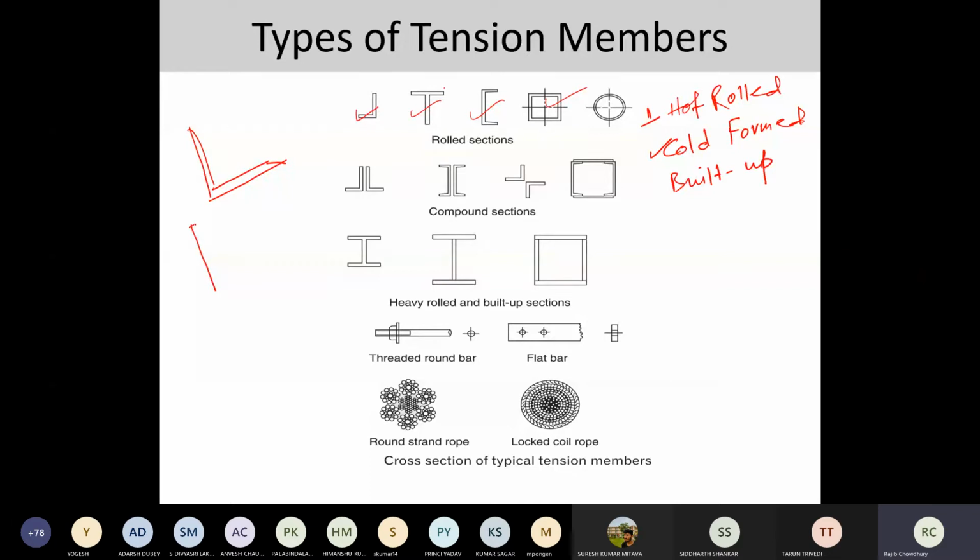What I can do, I can take two plates, and these two plates I am welding together to make an angle section. Now you can definitely see what the differences are. Okay, so the hot rolled sections, which are typically available in the market, are specified with their geometry and strength and all.